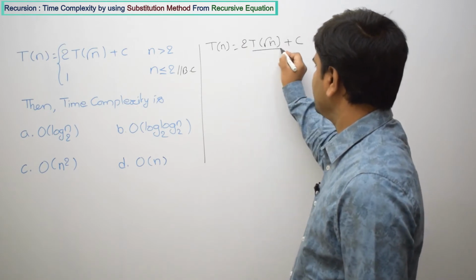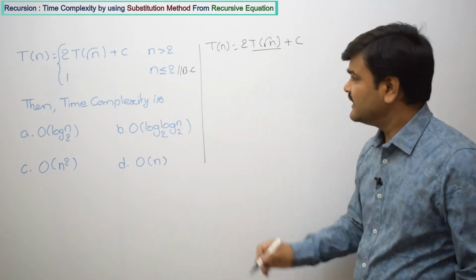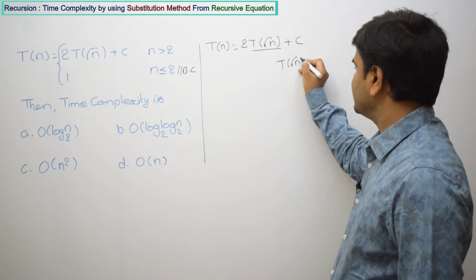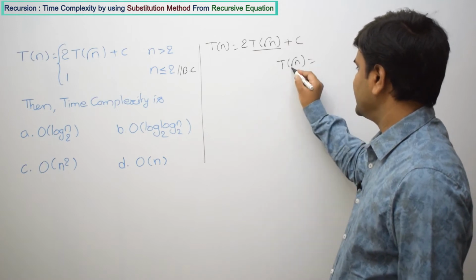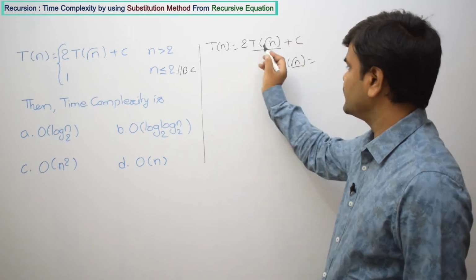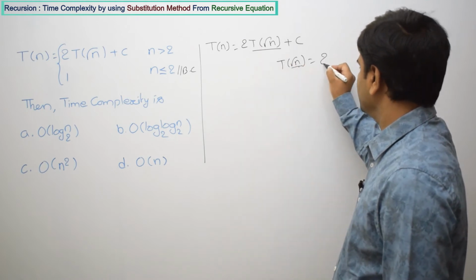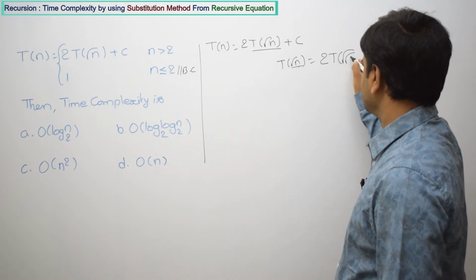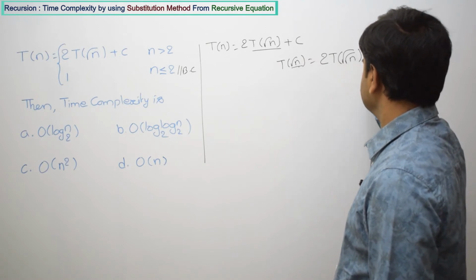Now, as usual like earlier, we have to find the equivalent of this value. So T(root n) we have to find out. In place of n you have to substitute root n, that means 2T(root n) plus c.